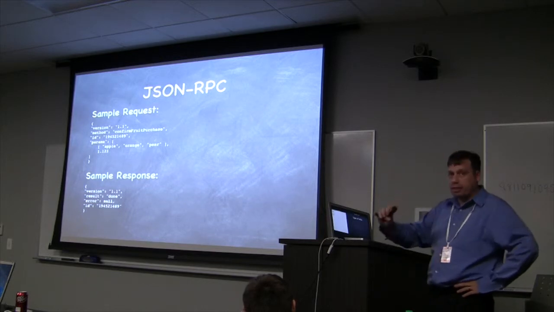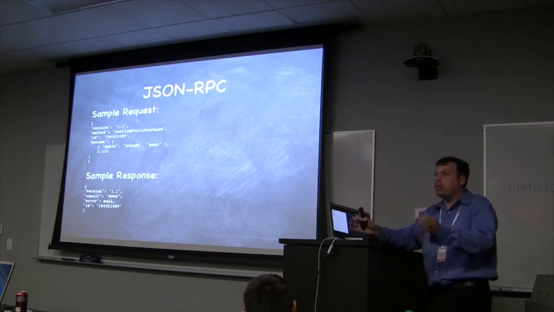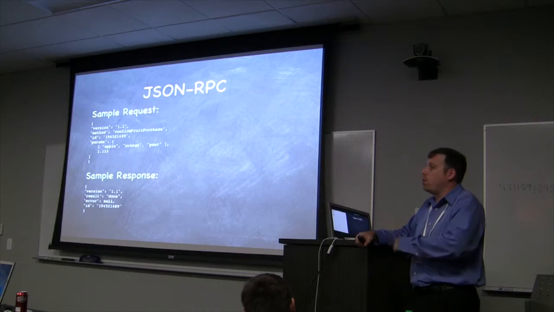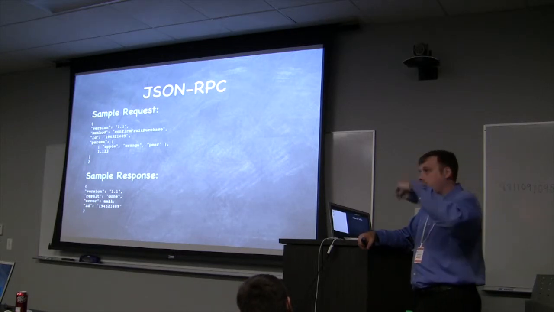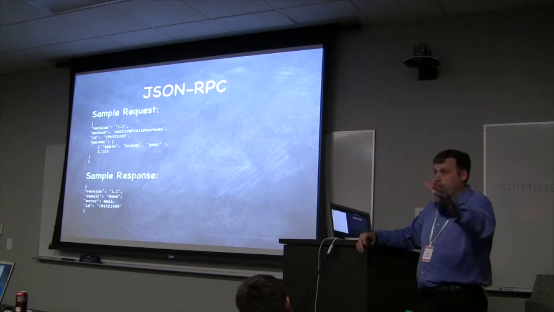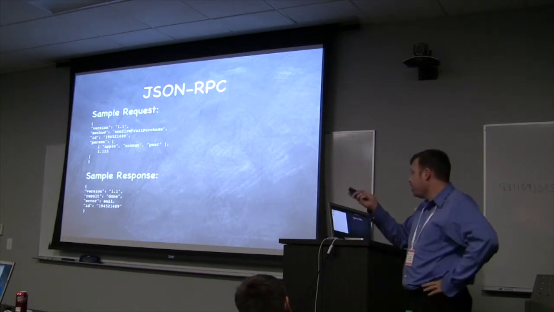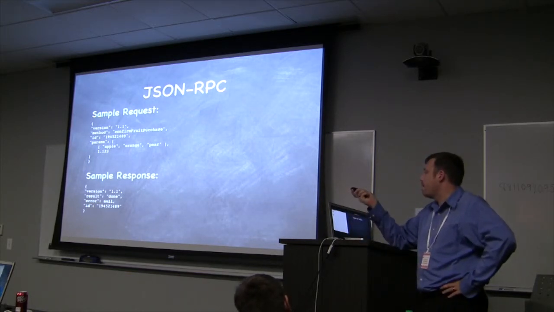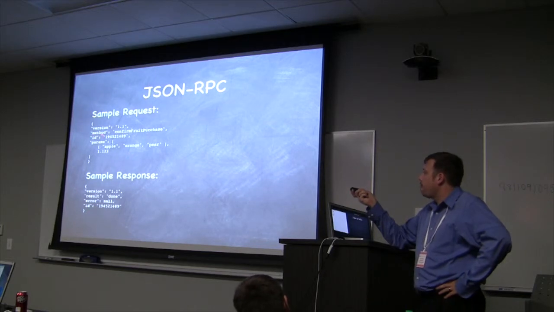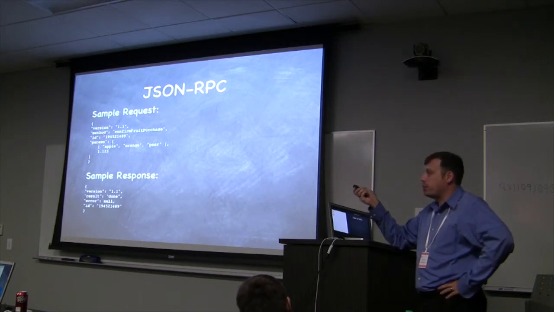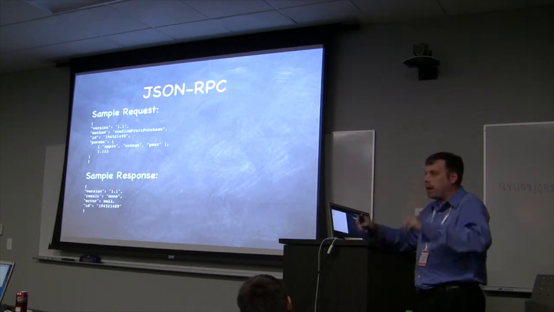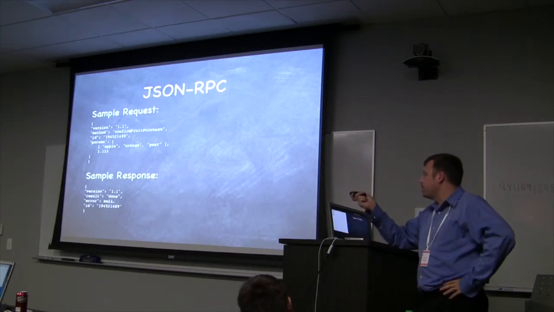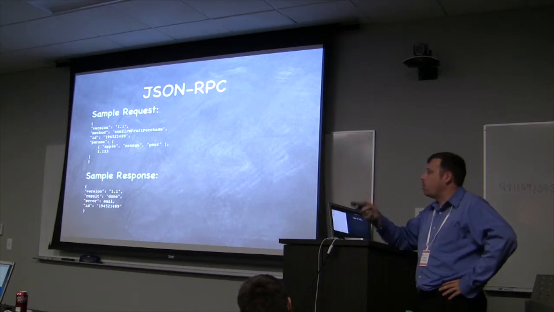According to the JSONRPC spec, if you wanted to be completely within compliance, which is very important in, like, an enterprise environment where you don't know which kind of third-party systems are going to be talking to your API, and they might have followed the rules, you need to make sure that in the request, you are setting a method, an ID, and parameters. They have to be there to be following the spec and the standard. Likewise, in the response, a result, an error, and an ID must always be returned.